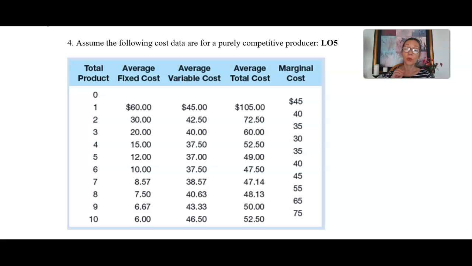So let me walk you through how to solve this. It says, assume the following cost data are for a purely competitive producer. So we have total output, and then we have our average fixed cost, our average variable cost, our average total cost, and our marginal cost.